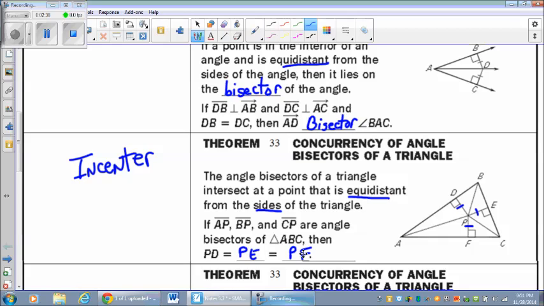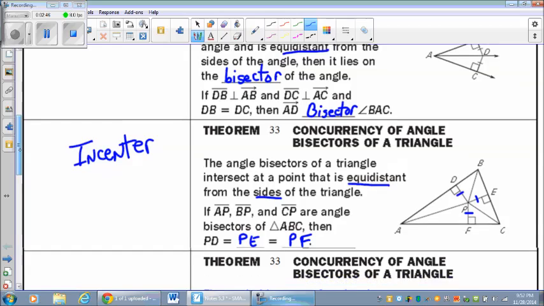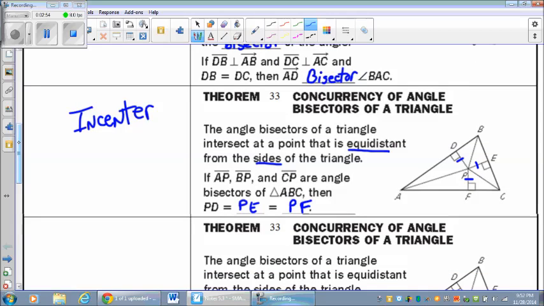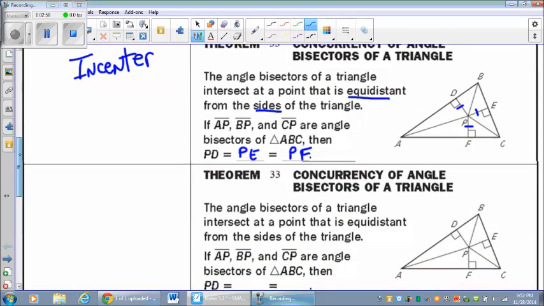Those are perpendicular and they are congruent to each other. The incenter is also where we can actually draw a circle that goes on the inside of our triangle. It's a neat picture to be drawing.